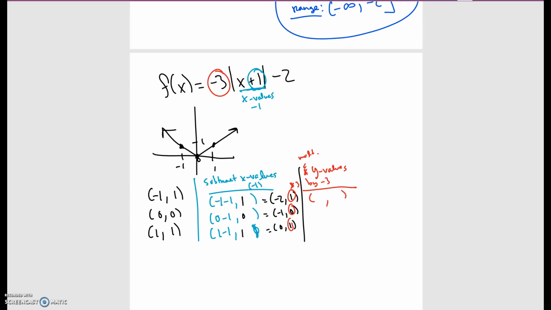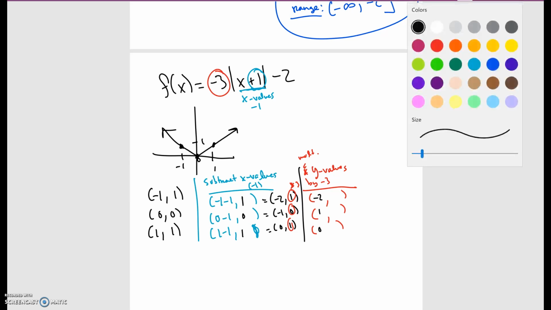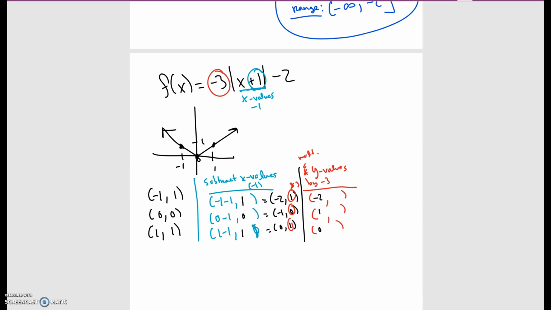So I'm going to get 3 different points. The x values are going to be the same. This is still -2, -1, and 0. When I multiply by -3, 1 times -3 is -3. 0 times -3 is going to be 0. 1 times -3 is going to be -3. Okay, so that concludes that one.